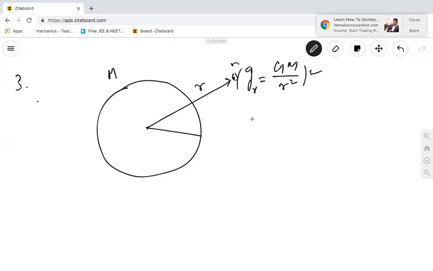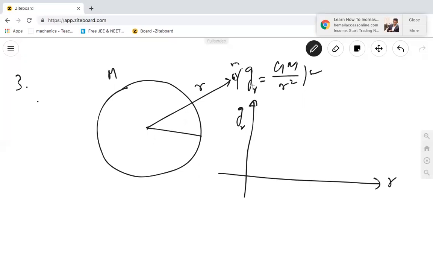Can you plot a graph between acceleration due to gravity and r? If r is 0, what is acceleration due to gravity?